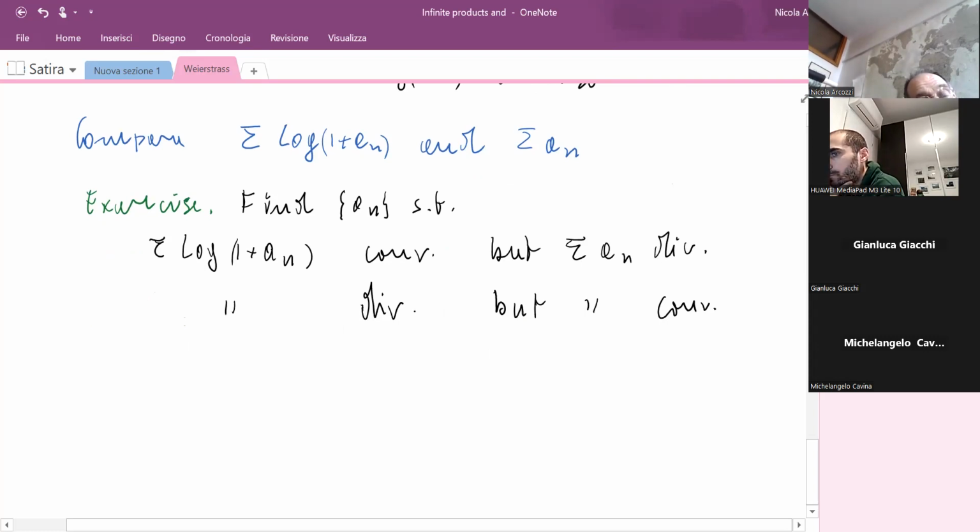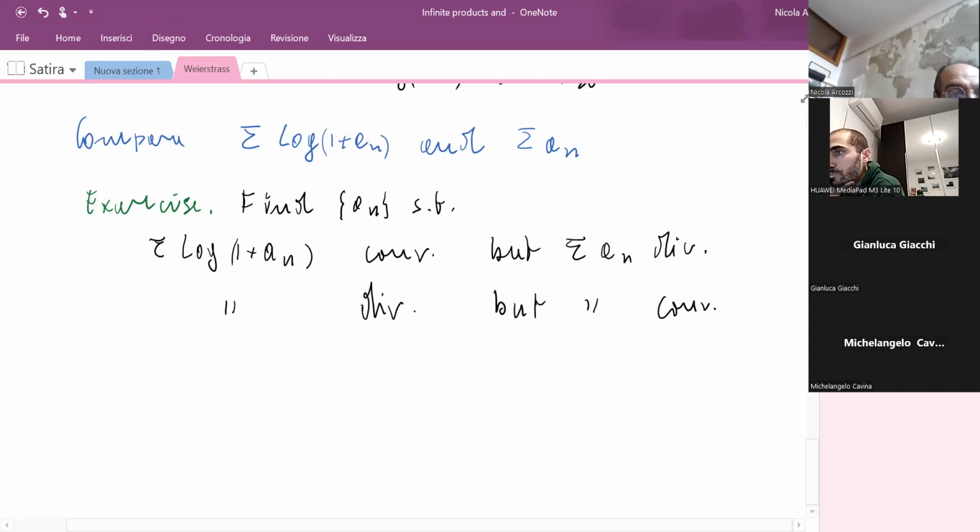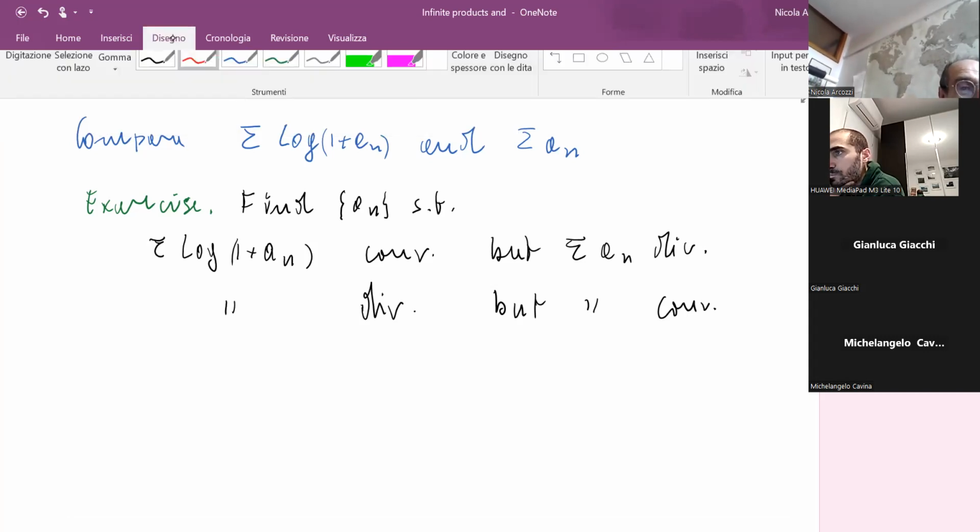Okay, to do the exercise, you need a series, sum of a_n, which does not converge absolutely, because, well, first let me give a definition.